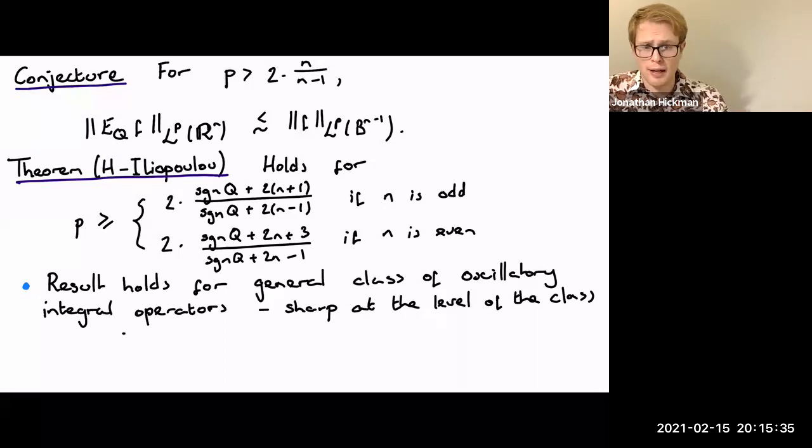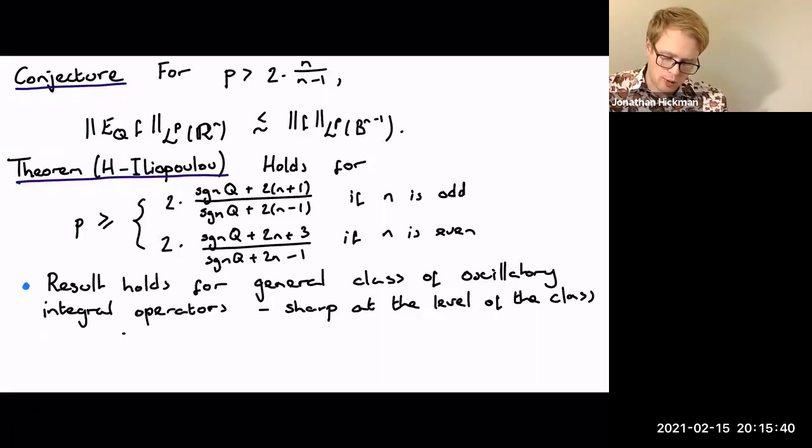So what I mean by that is that you can find examples of operators which satisfy some variable coefficient analog of the signature condition for which this range of LP boundedness is best possible. So in that sense, the exponents in our theorem are a natural barrier for this problem. In particular, if you wanted to prove LP bounds for these extension operators below our range, then you would have to use properties of these operators which distinguish them from the general class of variable coefficient operators.